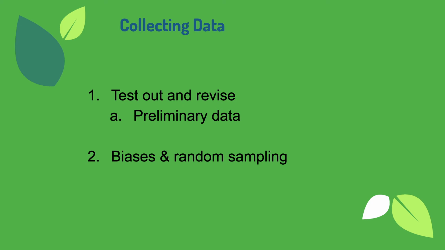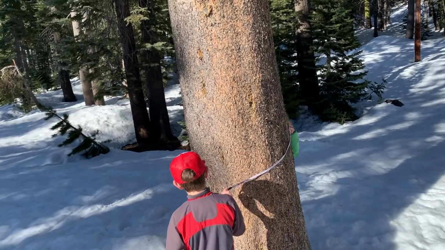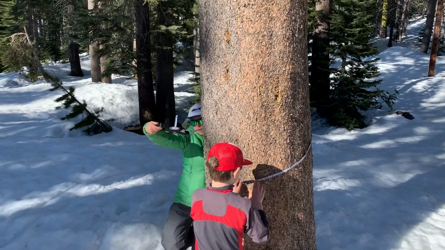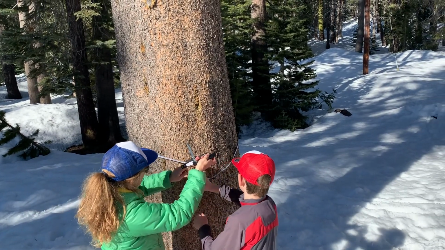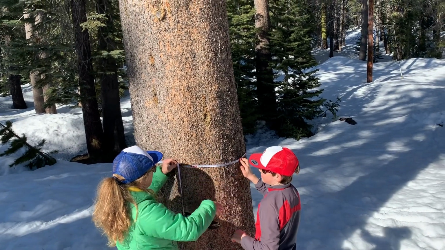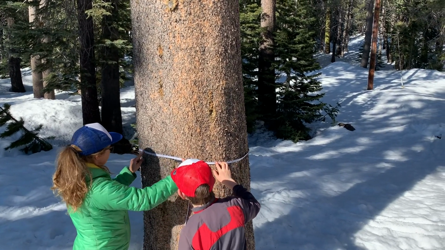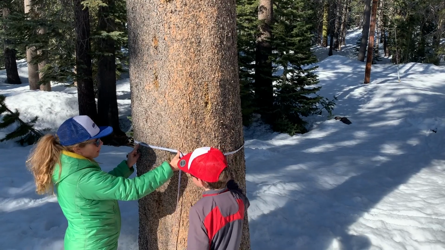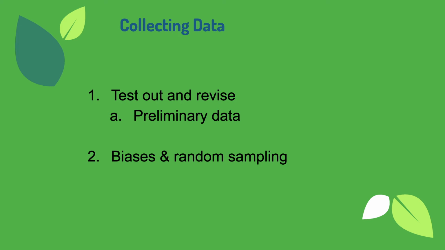The other thing to think about when you're collecting data is how not to be biased in your sampling. Sometimes it's easy for us to go outside and measure the largest or most exciting things in our sample area. It's important to do this randomly so we don't bias our results. Ways you can randomly choose how to sample is choose a number between 1 and 100 and count that many steps.